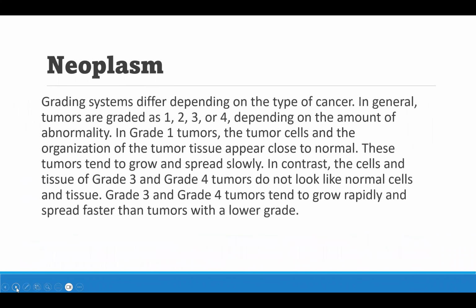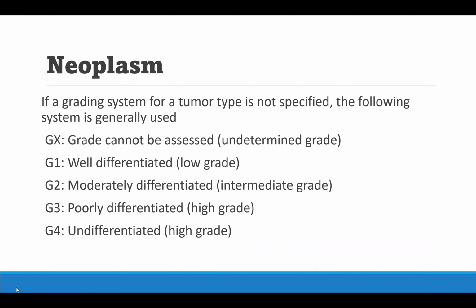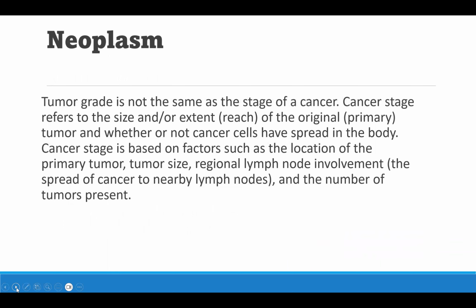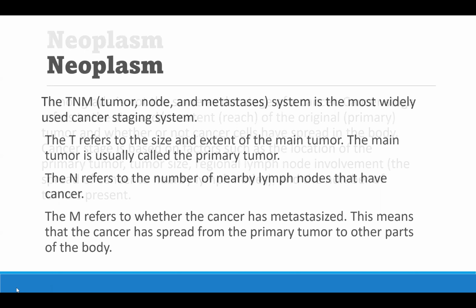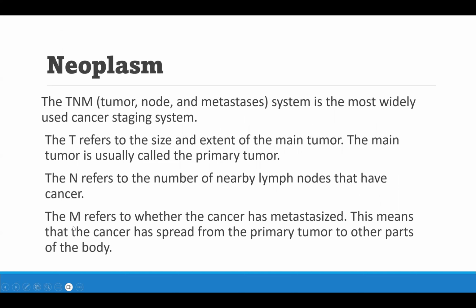And then we have some information on grading systems. Okay. Because you're going to see this in the documentation. One thing I want to note, tumor grading is not the same as staging, okay? And you should understand that. And again, this goes back to what I said in the beginning, understanding the many complex terms in neoplasms will make you a more effective coder in this chapter.